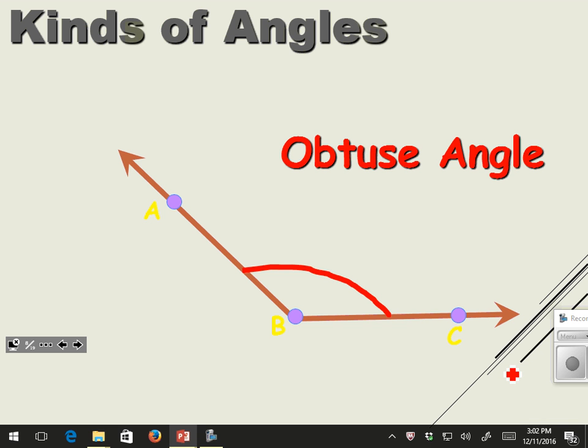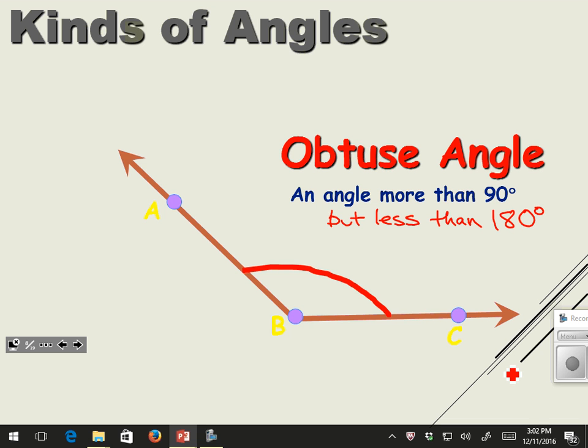Well, that's an obtuse angle, in which it is an angle more than 90 degrees. And I'm going to add some more to this right now. It's an angle more than 90 degrees, but less than 180 degrees. So guys, at any time, if you want to pause, please pause.